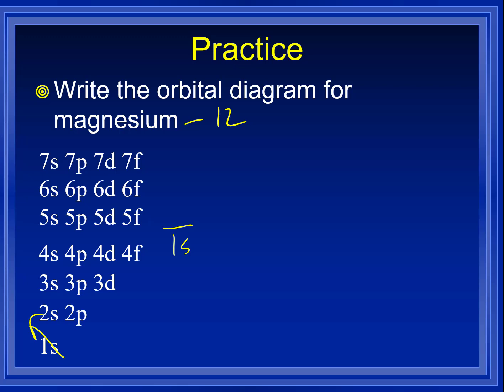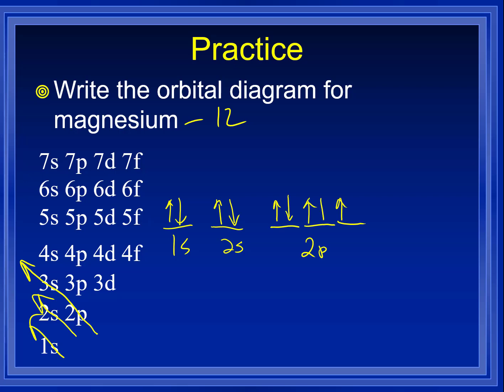But first I'm going to go into 1s. It's going to get 2 of my 12 electrons. Then the next diagonal arrow goes through 2s, and it's going to get 2 electrons. The next line is going to go through 2p. 2p gets 3 lines. And I'm going to fill them all up, because that gets me to 10 electrons.